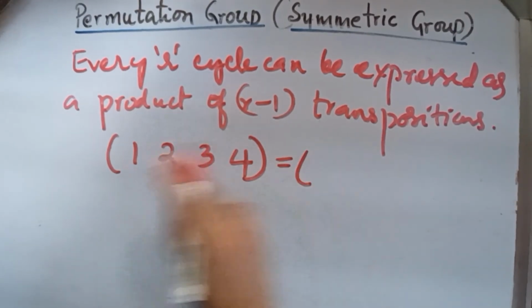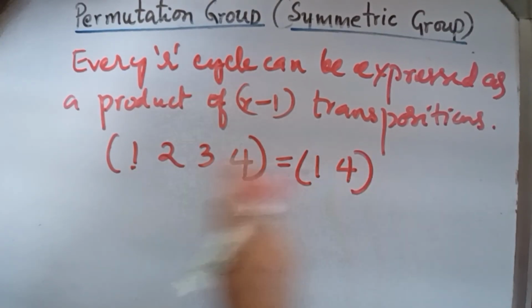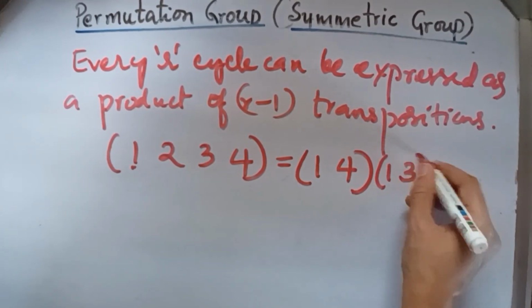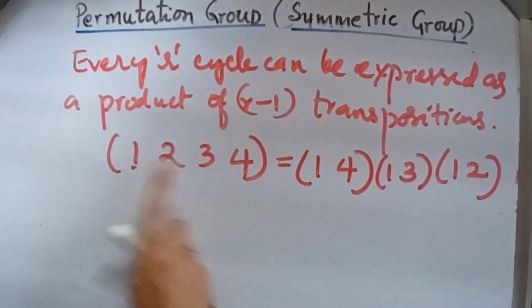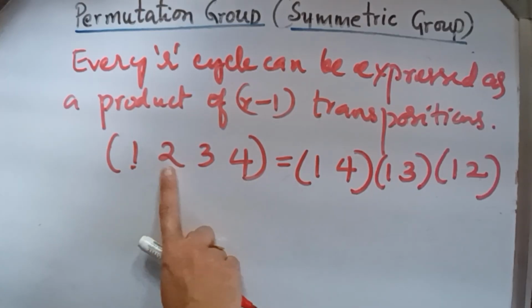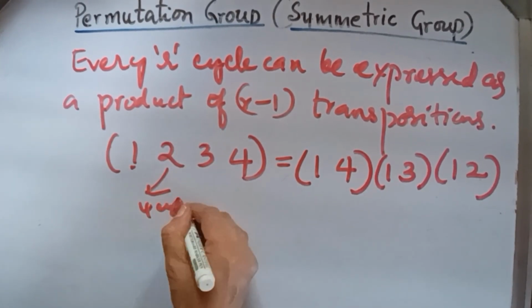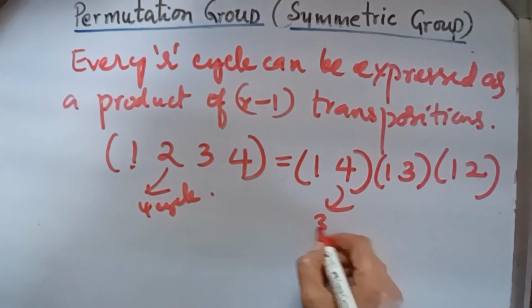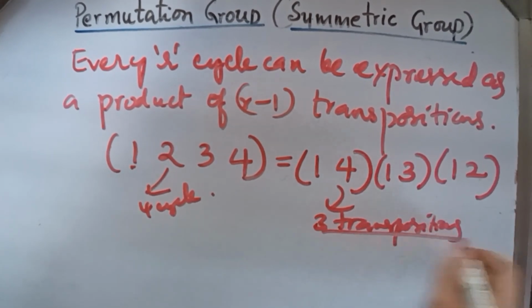That is how: write the starting element and the last element (1 4), then the last but one element (1 3), then (1 2). First element always fixed, then last, then last but one. So every r-cycle, this 4-cycle, can be written as a product of 3 transpositions. 4 minus 1 is 3 transpositions.